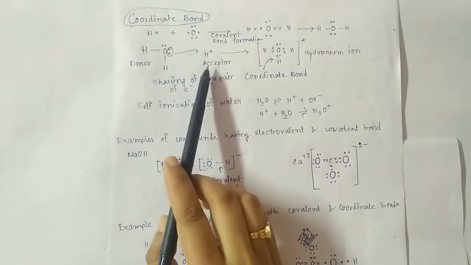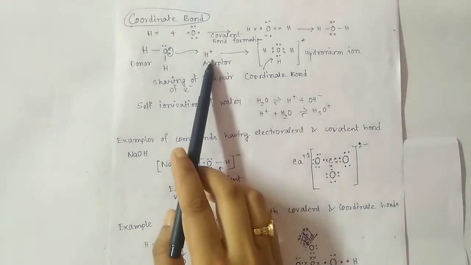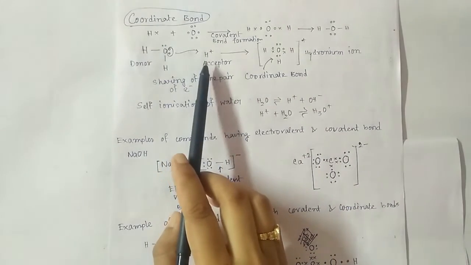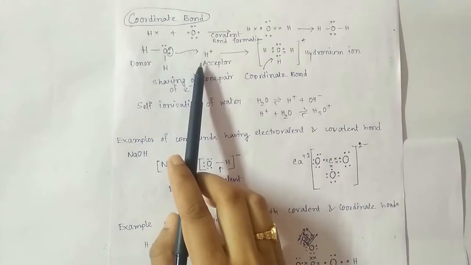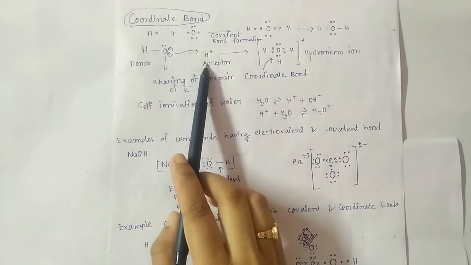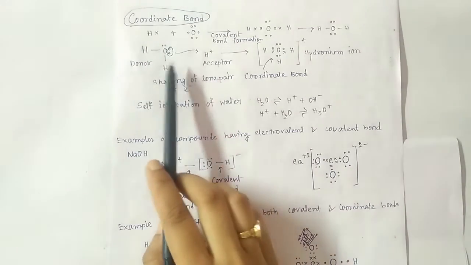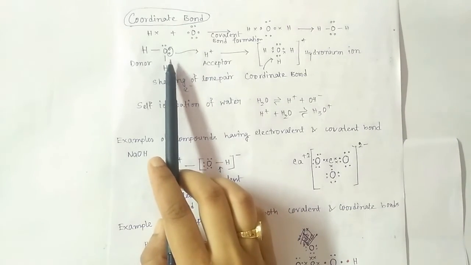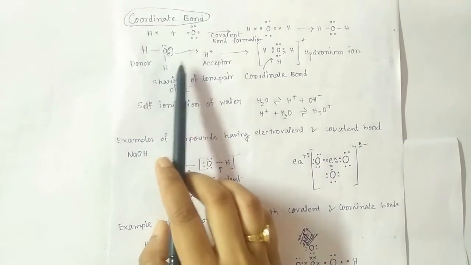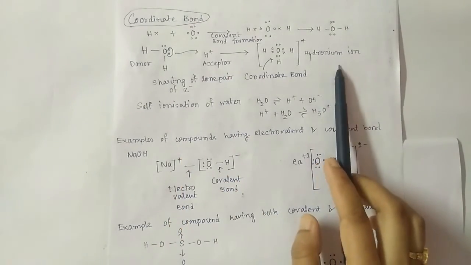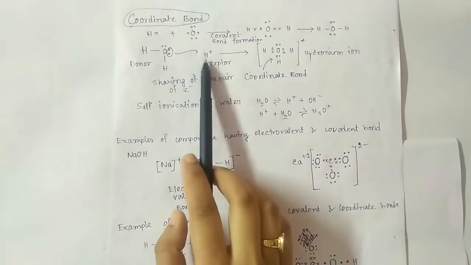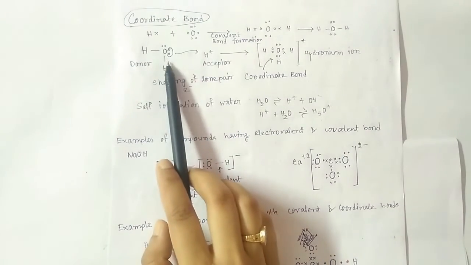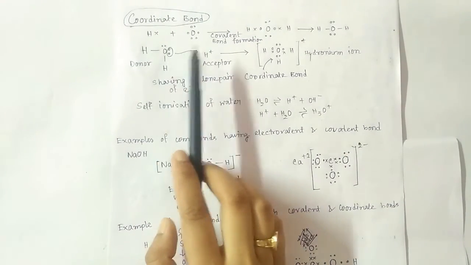For example, let's say there comes H+ as an acceptor, and now hydrogen has no electrons in its outermost shell. That is why it has a strong tendency to accept electrons, and thus it accepts the 2 electrons from oxygen and thus produces hydronium ion. So here actually hydrogen is not sharing its electrons with oxygen, but oxygen is sharing its electron pair.